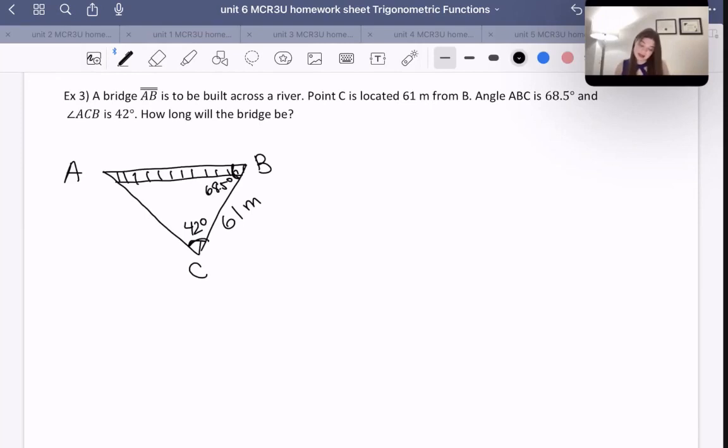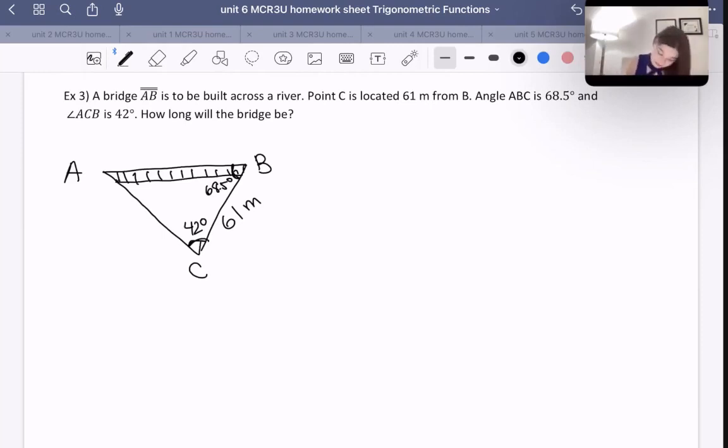And we're being asked, how long will the bridge be? So in this situation, there's something quick we can figure out, because it looks like we don't have enough information to solve this unless we realize this. There is a property that states that all three angles of any triangle, whether it's a right triangle or a different triangle, always add up to 180.